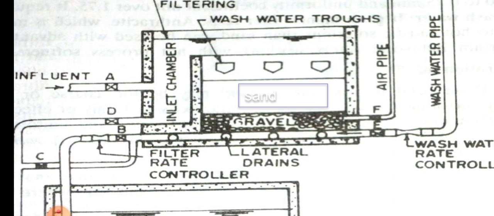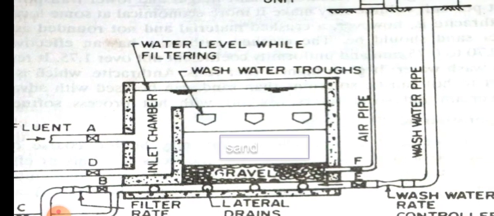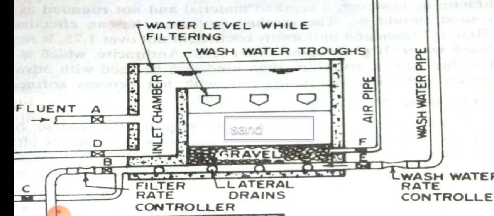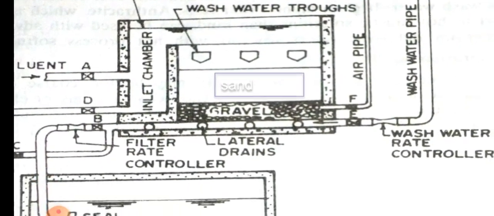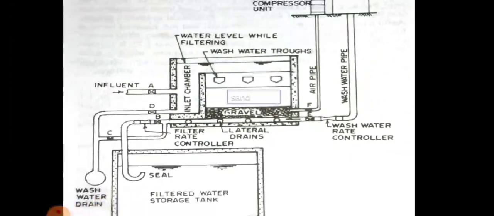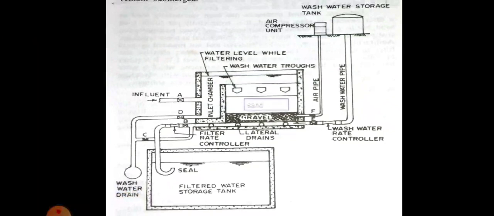This process we call backwashing, which we will discuss in the next class. As you see here, there are the wash water troughs at the top through which the water to be filtered, or the wash water after washing the filter media, is transported. These are the additional parts of a rapid sand gravity filter.